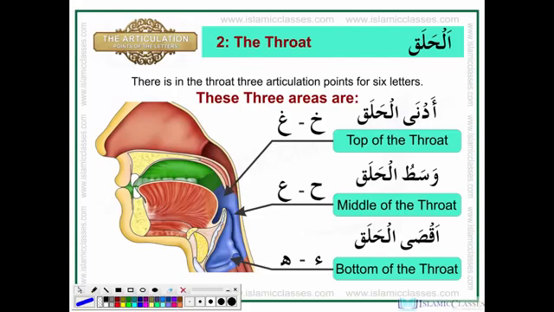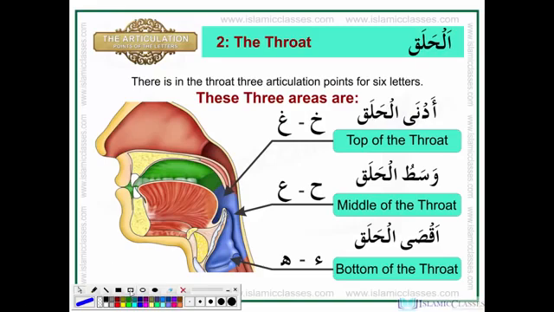This is the second major area here. So in the throat there are 3 articulation points for 6 letters. Total articulation points are 17, and in this major area of the throat there are 3 articulation points for 6 letters.